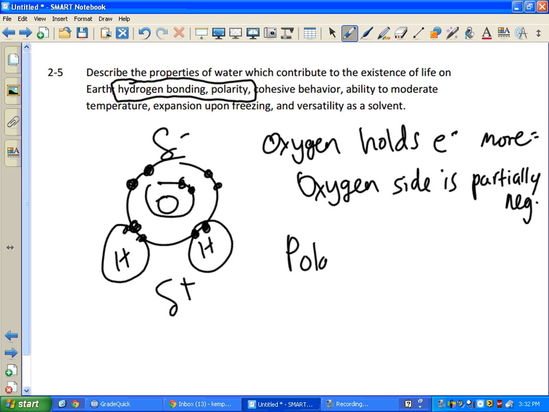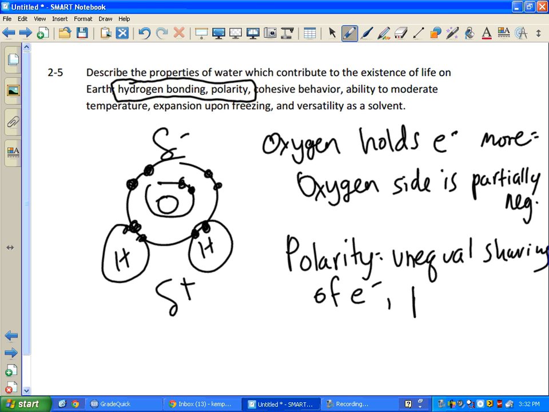So polarity is unequal sharing of electrons that makes the compound a partially charged compound.